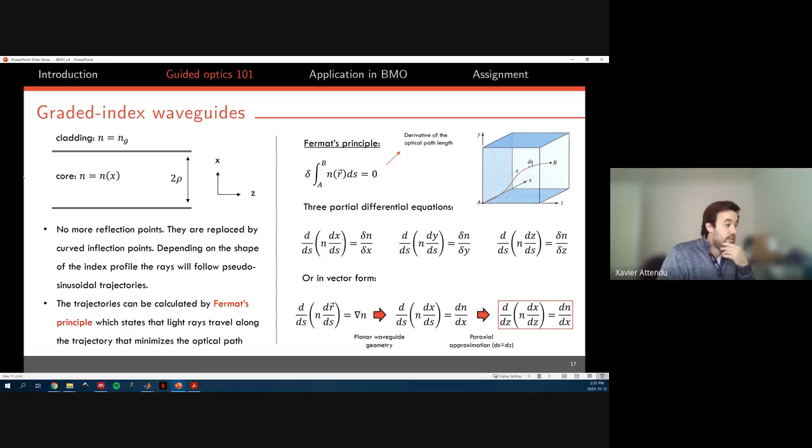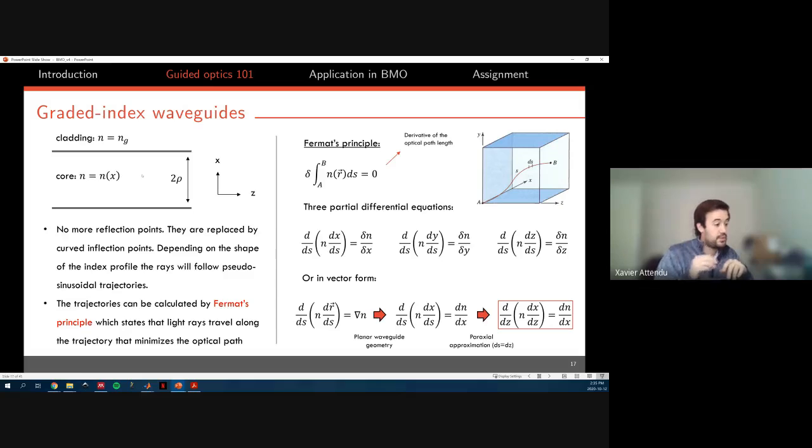If you send light down the middle, if it goes in a straight line, it's going to be going along a shorter physical path, but along a higher index. Okay. Similarly, if you send light at an angle, it's going to be traveling a longer physical path, but through lower index. And so there's this kind of effect that compensates one another, where light naturally will travel along the path that combines these two effects.